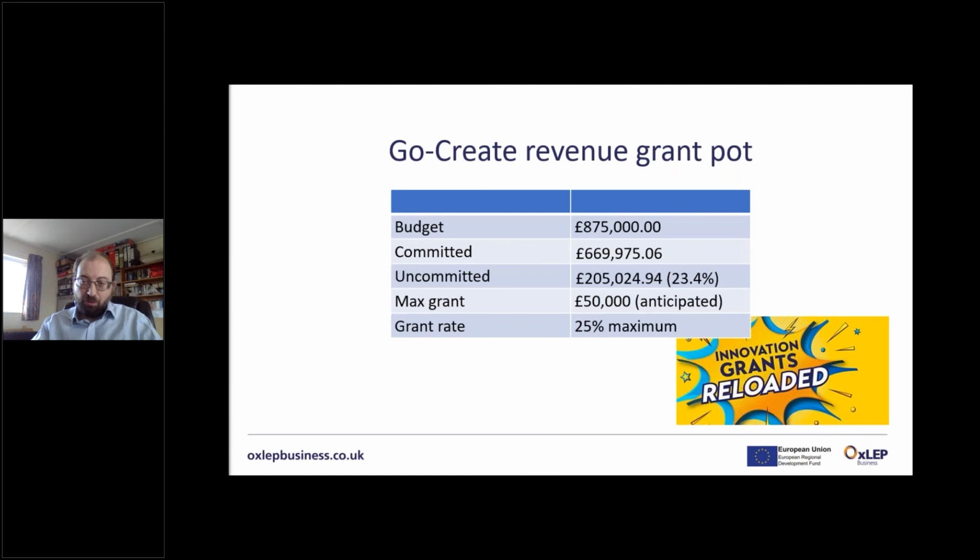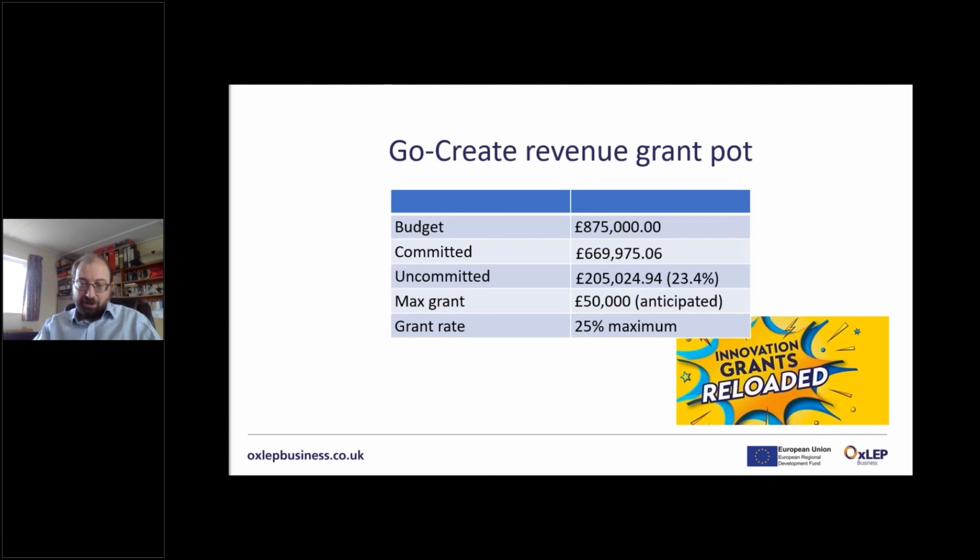But overall, we have around about 28% of the £1 million grant pot, so something in the region of 280,000 of uncommitted grant funding. The maximum grant we anticipate will still be at £50,000, but the grant rate, which is actually the most critical part of the presentation, is now at 40%.